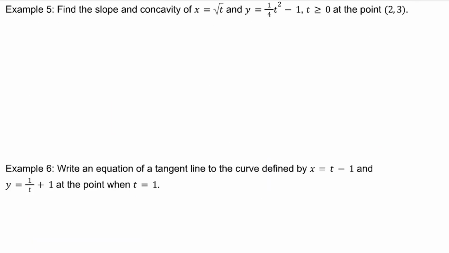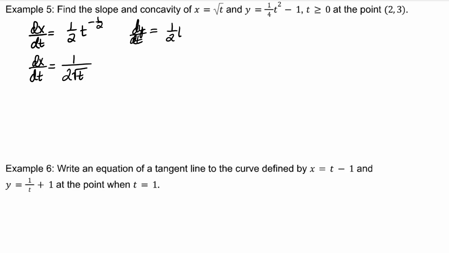To find the slope and concavity, we're going to find the first and second derivatives. Start by deriving x with respect to t and y with respect to t. So let's find dy over dx.